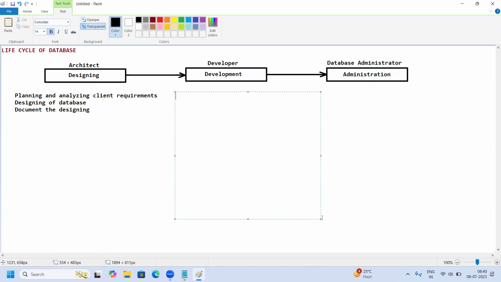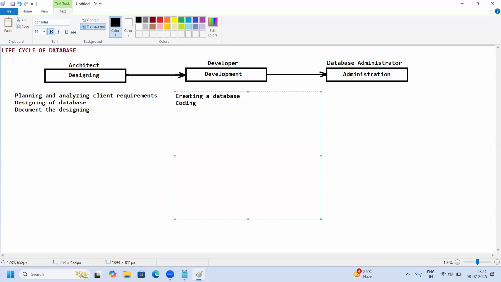In the development stage, we talk about creating a database. What else?